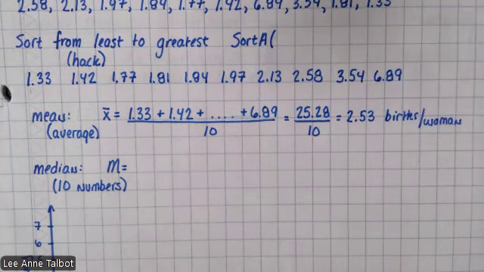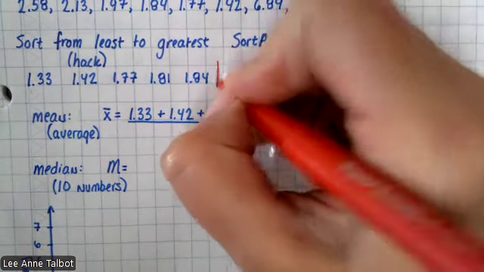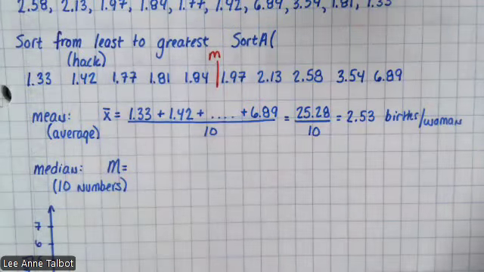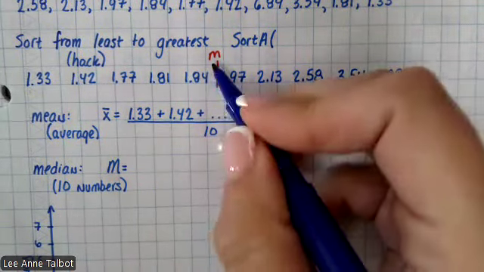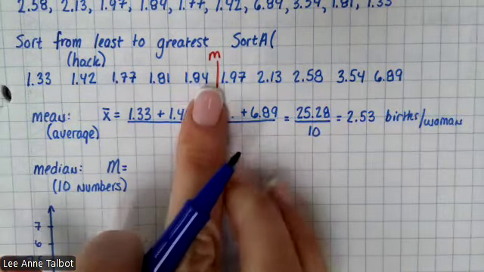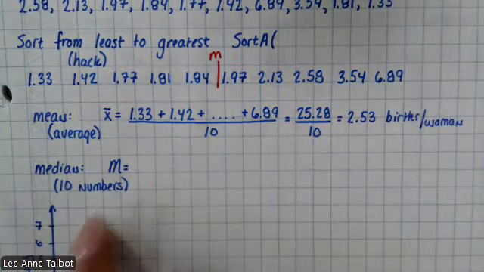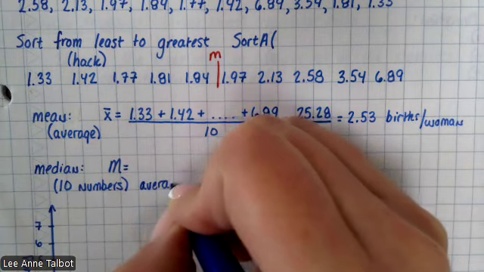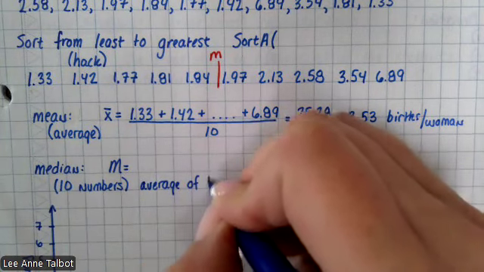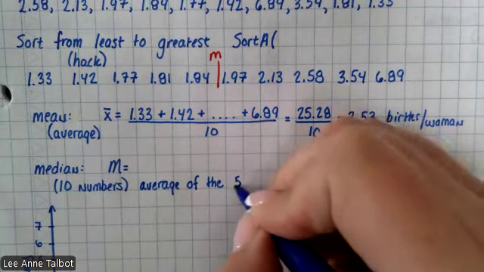So I like to take some other color, some kind of note about where that median would be. I like to show 5 numbers below, 5 numbers above. Because there are 10 numbers, it will be the average of the 5th and 6th number.